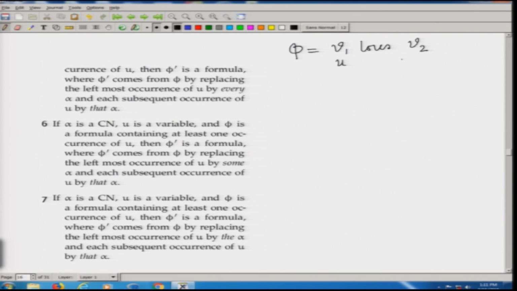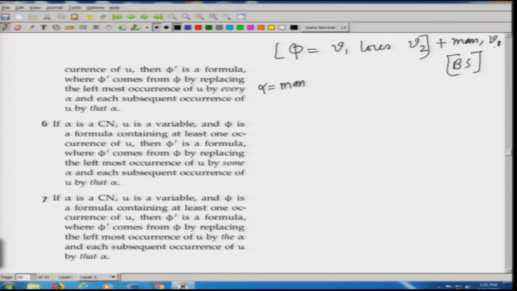And if there is a common noun alpha, suppose alpha in this case is man, then by this rule, that is B5, you just add man and V1, that is with respect to V1.